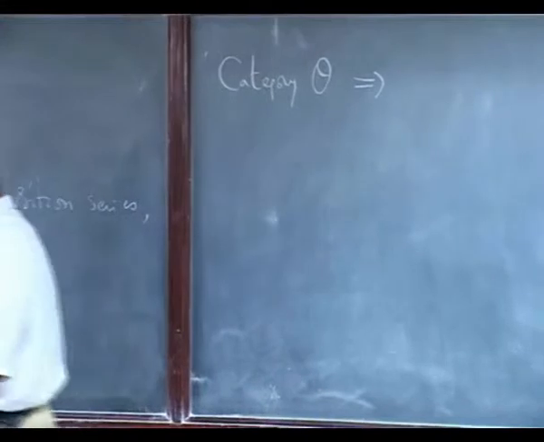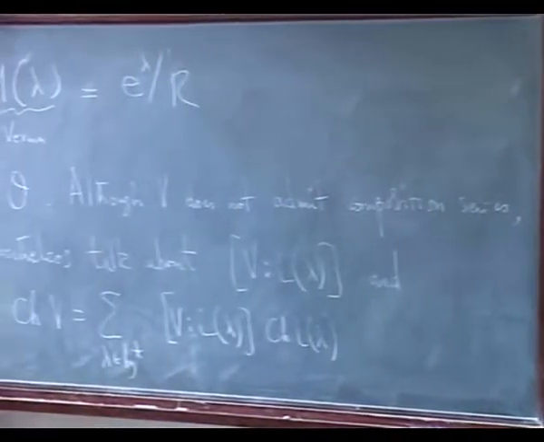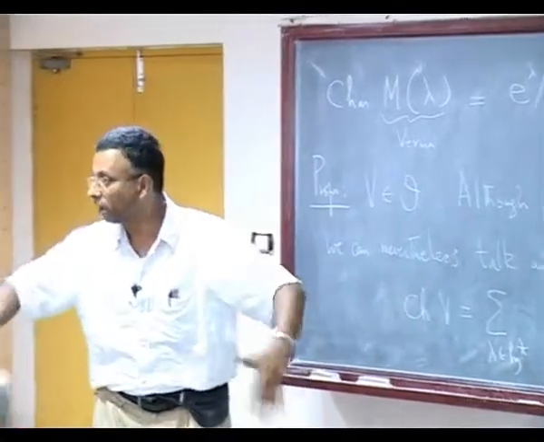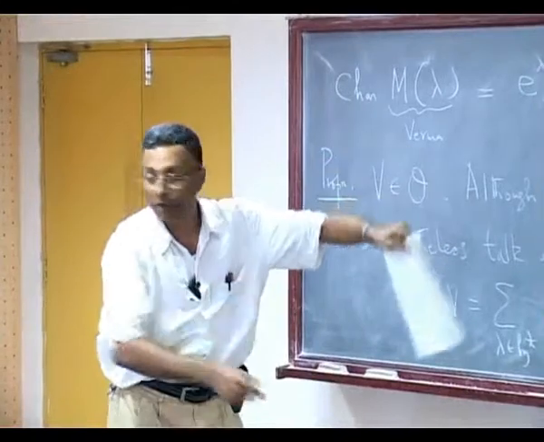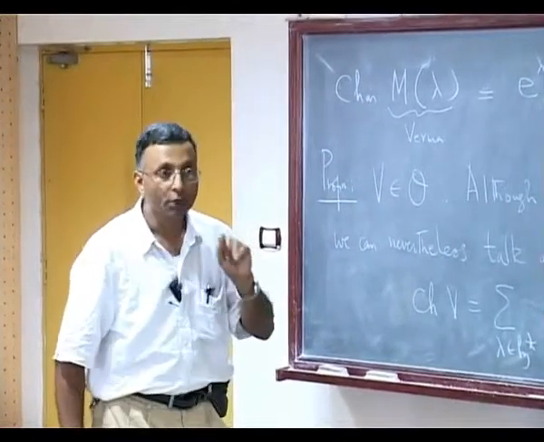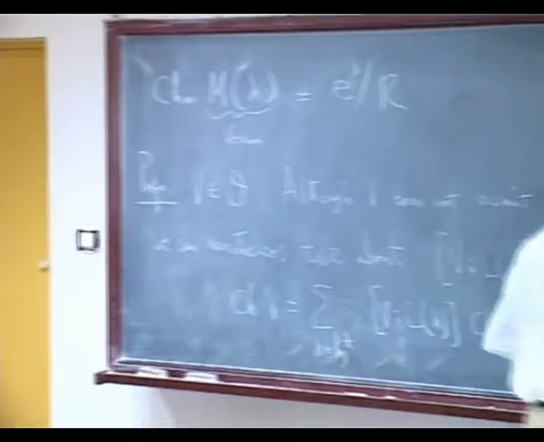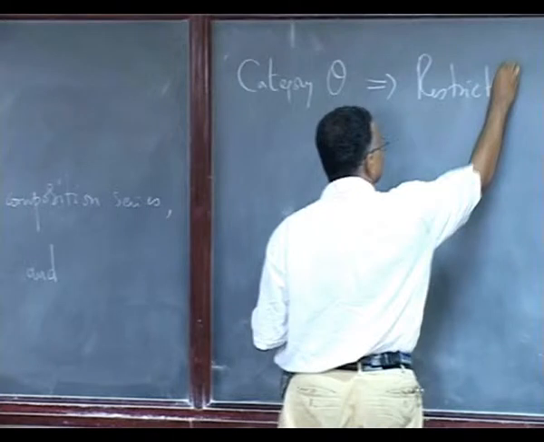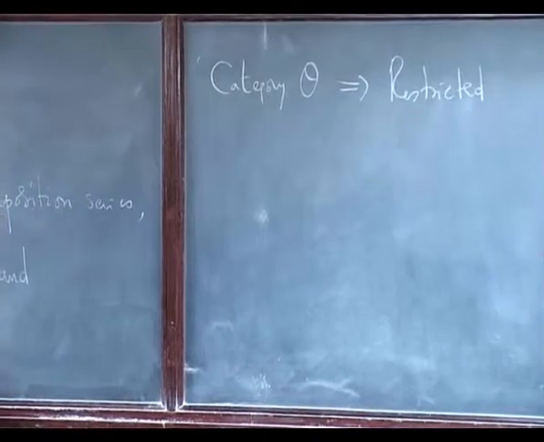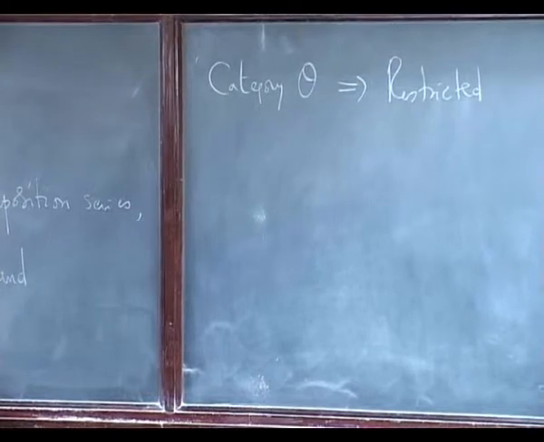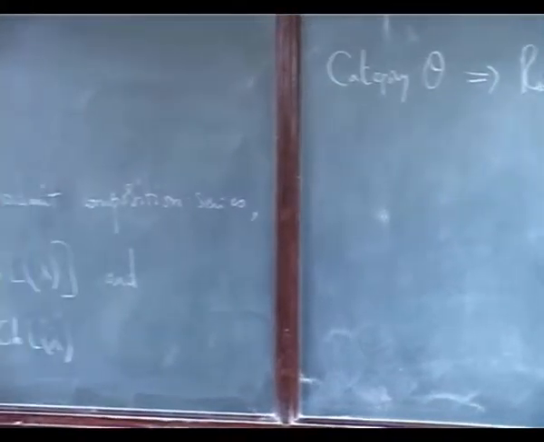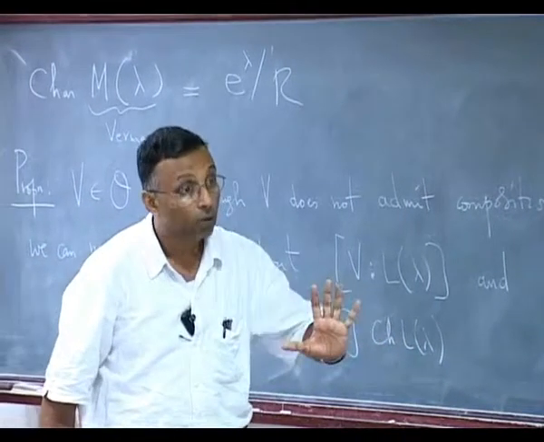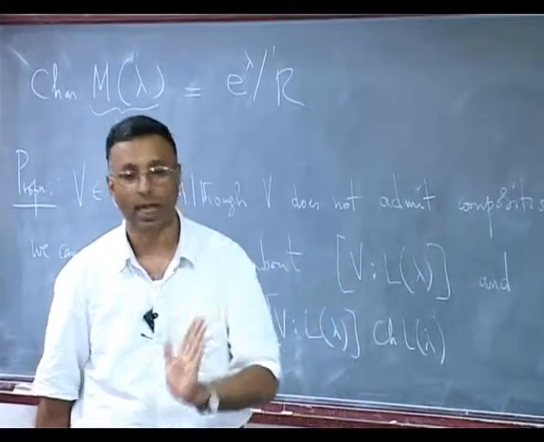What does category O mean for us? It had finitely many things in which the weights were all down below. So observe that category O modules are restricted. What does restricted mean? It means that given any element, only finitely many of the positive roots act as non-zero.